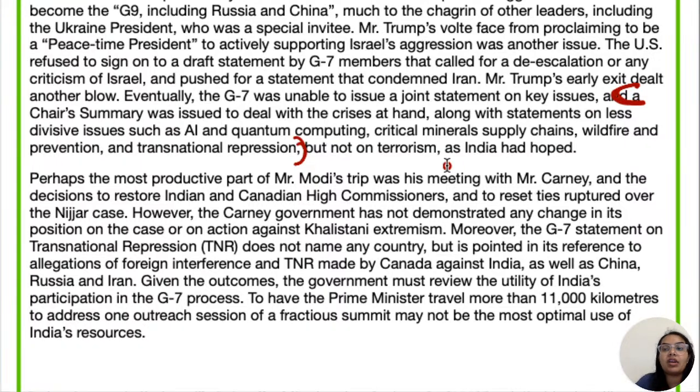I have marked a part of a sentence. I want you to tell me if this is an active voice or passive voice.